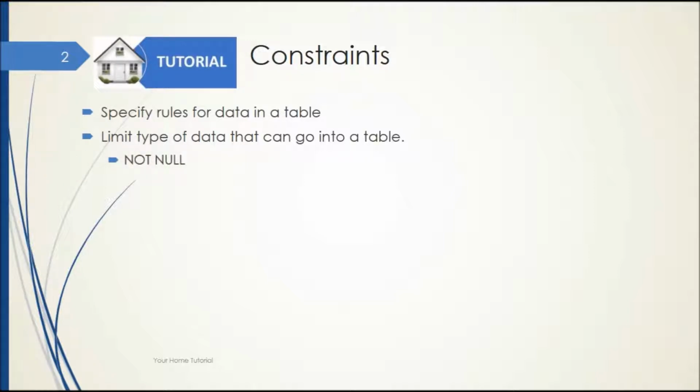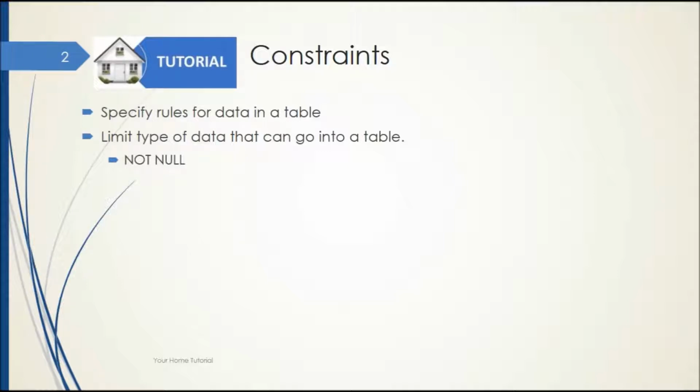First is not null. The not null constraint doesn't allow any null value in a column. So what is a null value? A null value means nothing. It literally means nothing. There is a meaning of a blank value and a zero value in SQL databases, but null means nothing.